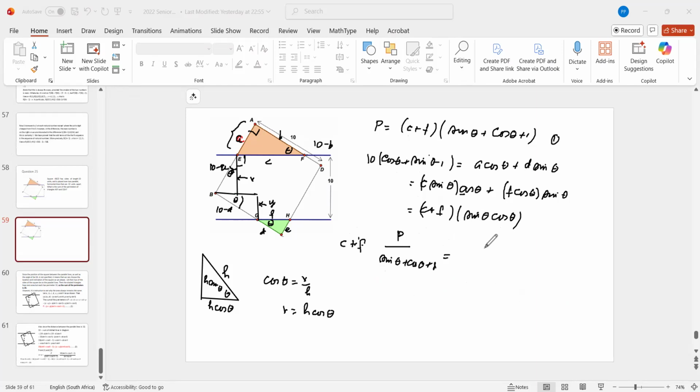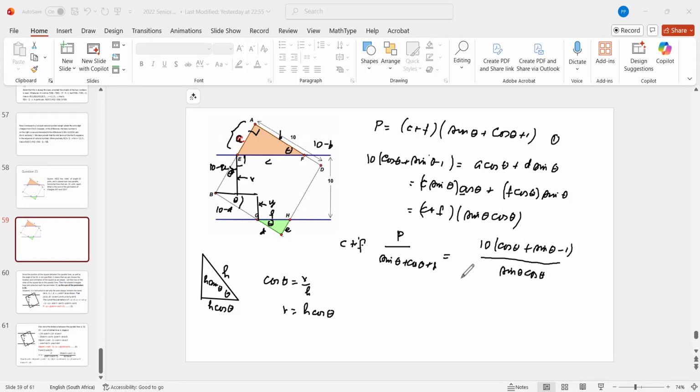From the second equation, it's 10 into cos theta plus sine theta minus 1 over sine theta cos theta. That's from the second equation. This over sine theta cos theta is C plus F. Right, so now ignore C plus F. I've just got P and theta here, see? And I'm trying to calculate P.